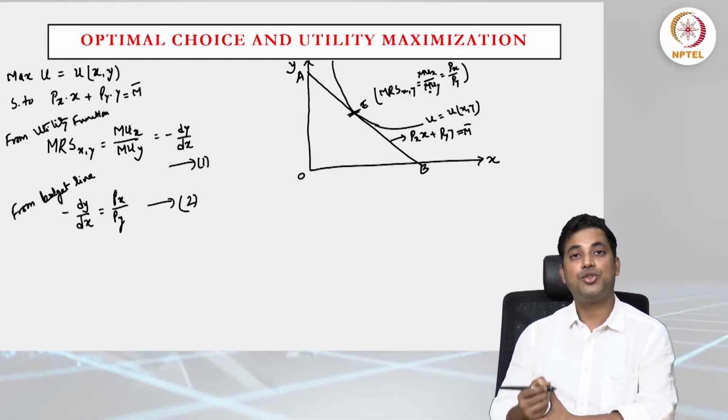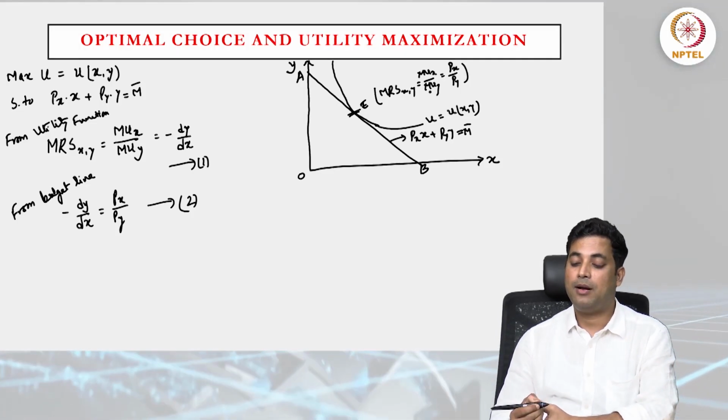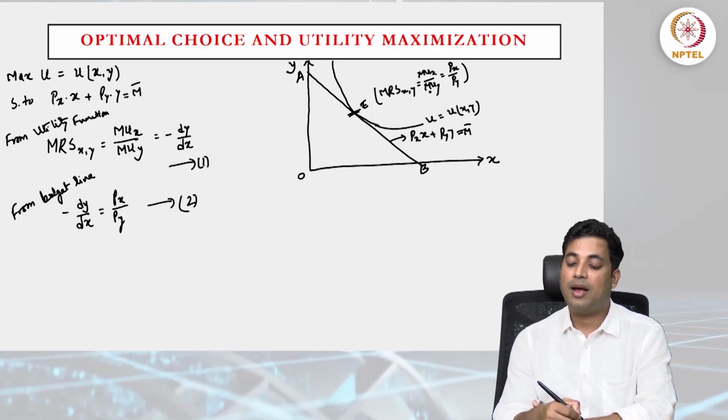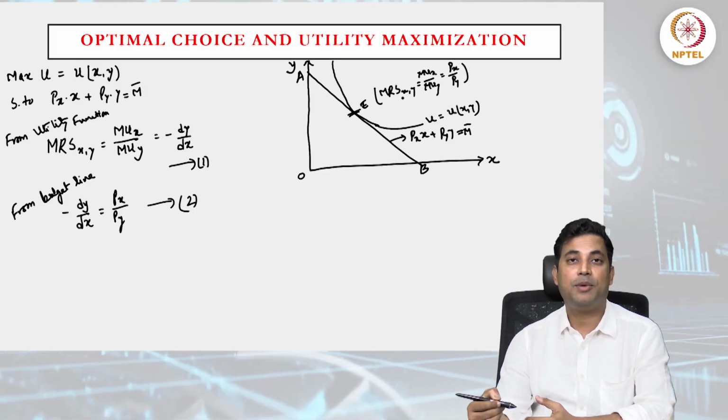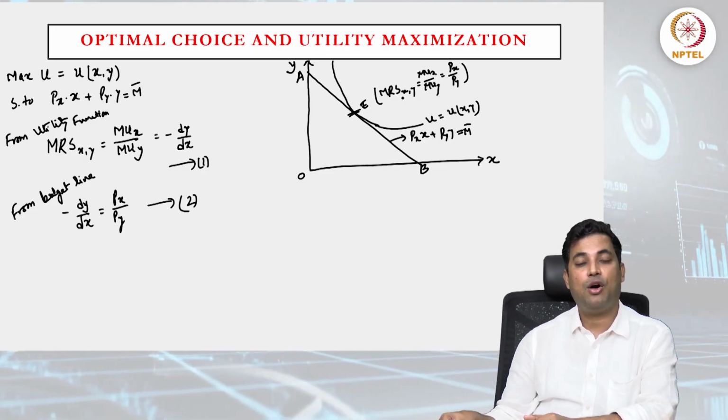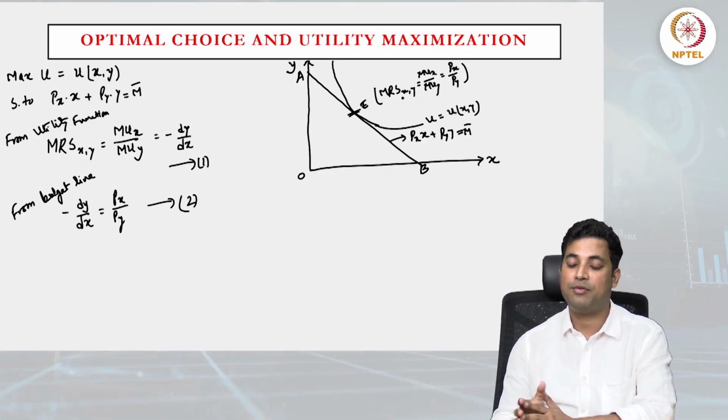This price ratio is coming from the budget line, and the ratio between the marginal utility of x and y is coming from utility.